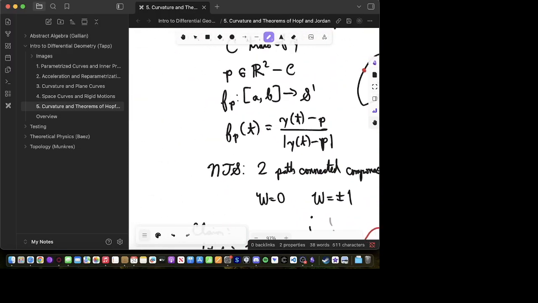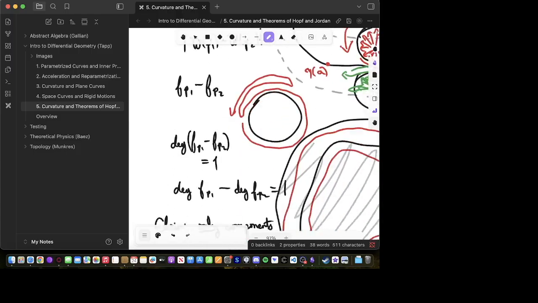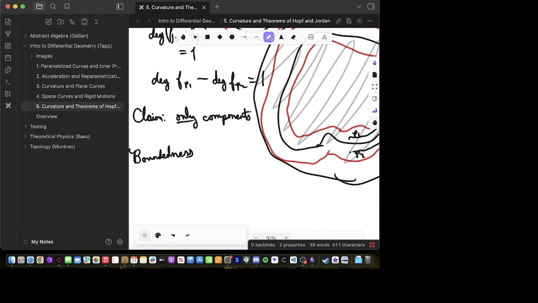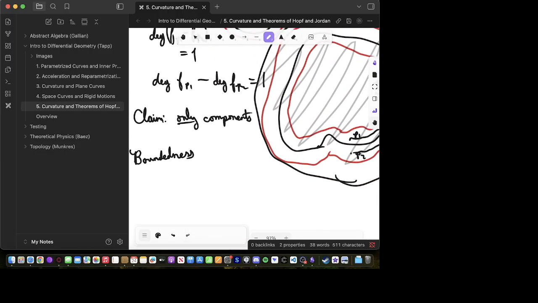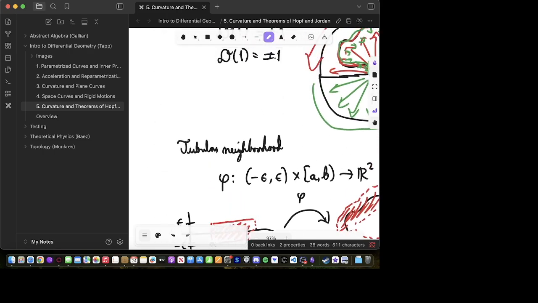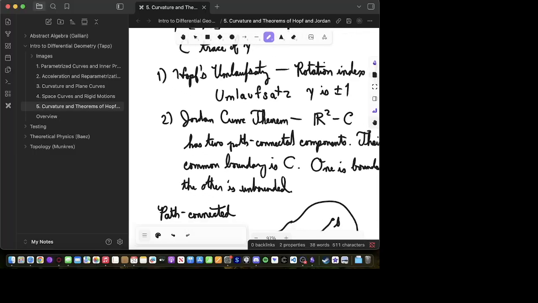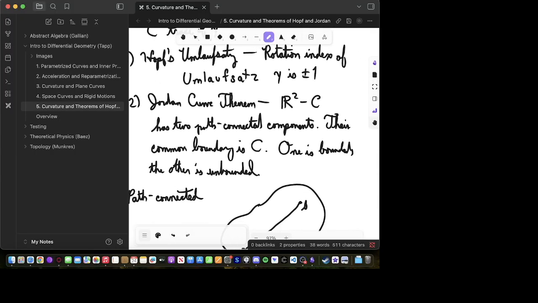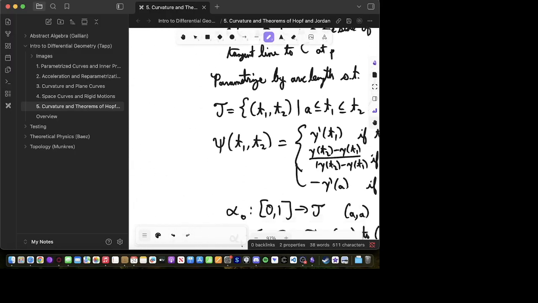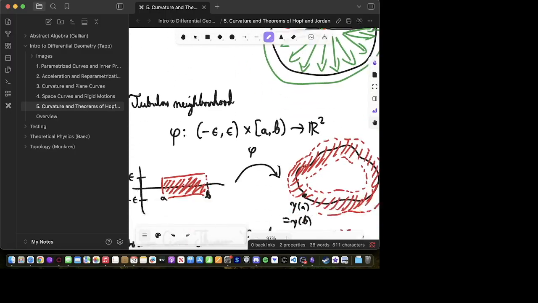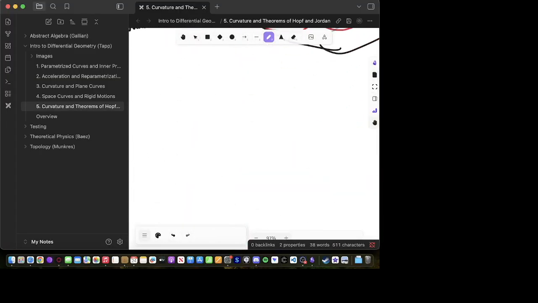So after all this long proof, we have proven the very simple claim that if you draw a curve, there's an inside and an outside. You split the plane into an inside and an outside, and that is what we have proven.